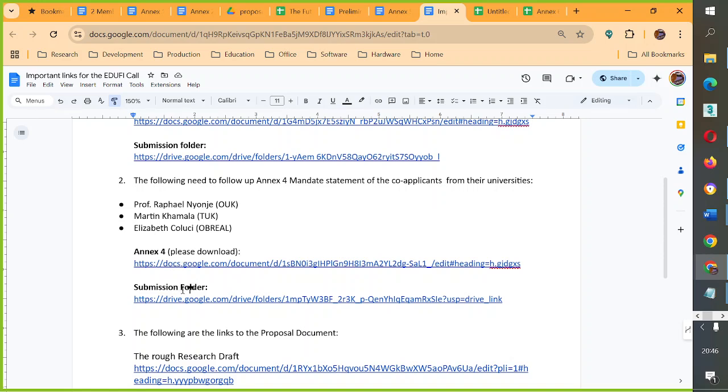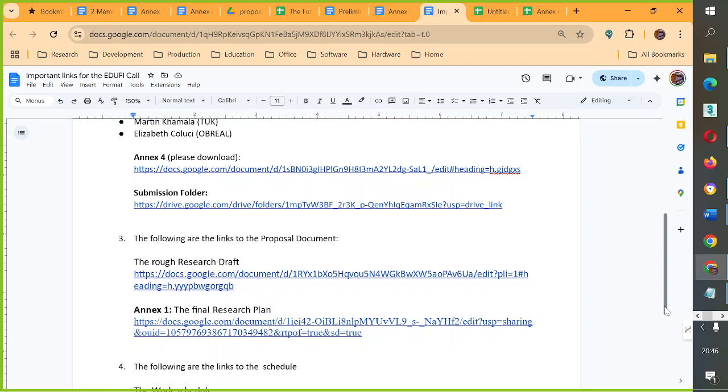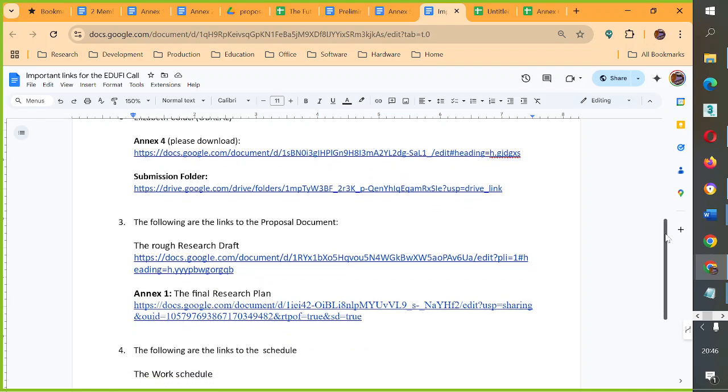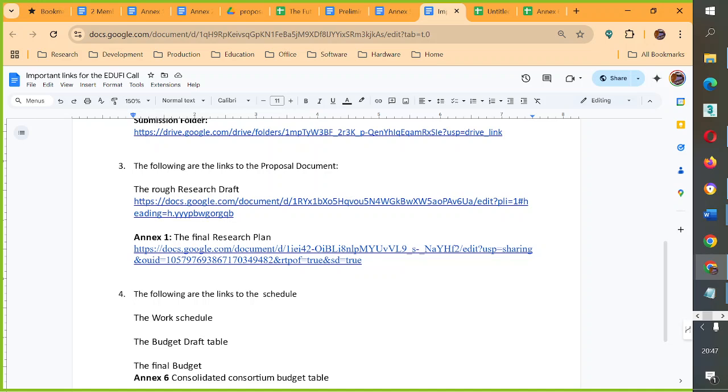And then the folder submission is right here, the one that is allowing us to submit the folder to the consortium. Number 3 is the proposal document itself. The rough draft link we've been working on is here. Some people still can't access, so I've just kept it here. That's the rough draft. The one which is being compiled or synthesized by Katune is Annex 1. It's this one. So we can view it.